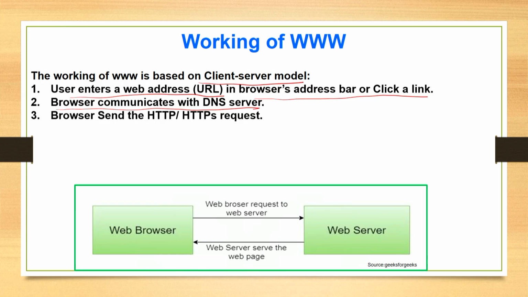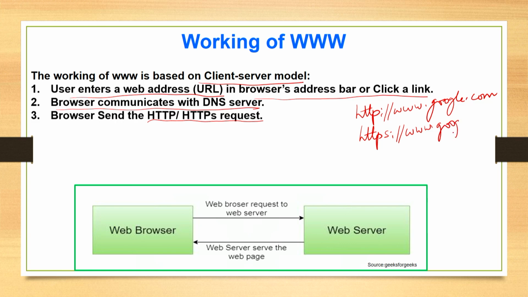Then the browser sends an HTTP or HTTPS request, as the case may be. If you have written HTTP colon, then you are using HTTP. If you want a secure one, then you write HTTPS. So that depends on what type of protocol you have used.